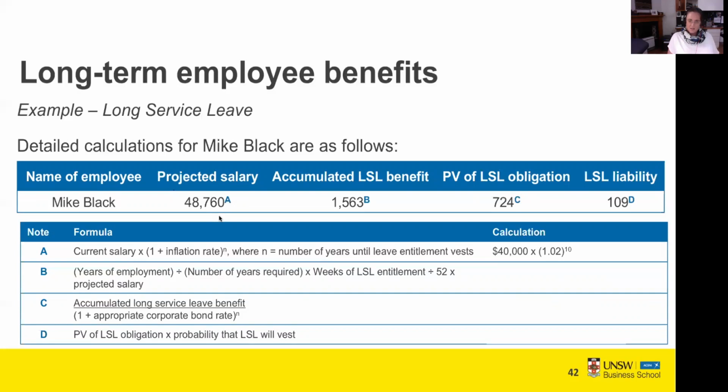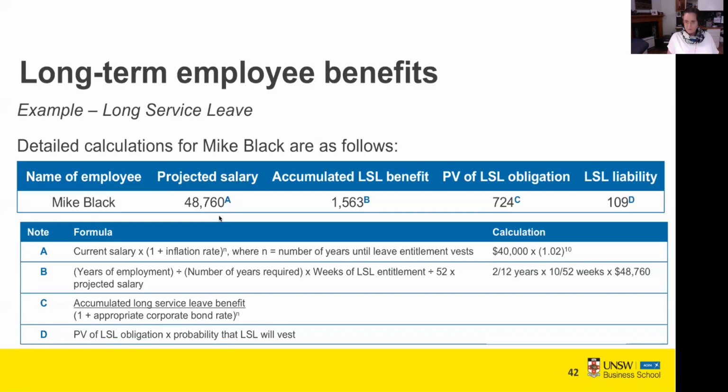The next thing I need to do is work out how much long service leave benefit has been accumulated for him so far. Mike has been employed for 2 years, and he needs to be there for 12 years in order to be entitled to be paid the leave. Once he reaches that 12 years, he will receive 10 weeks long service leave.